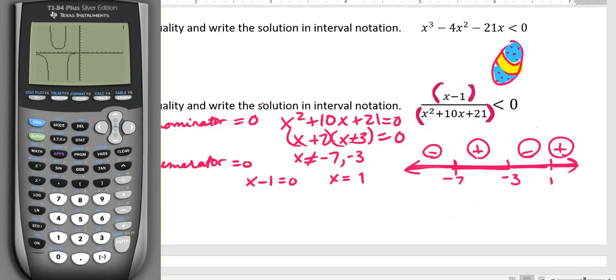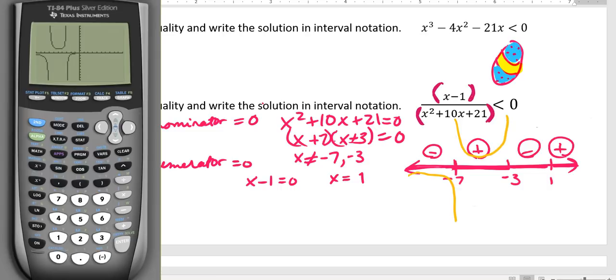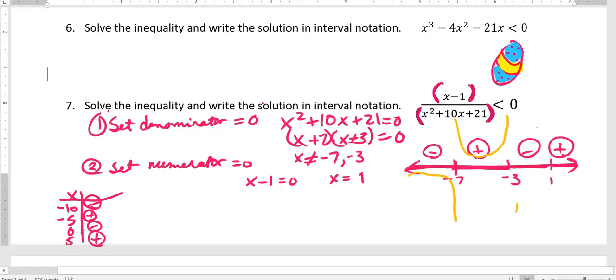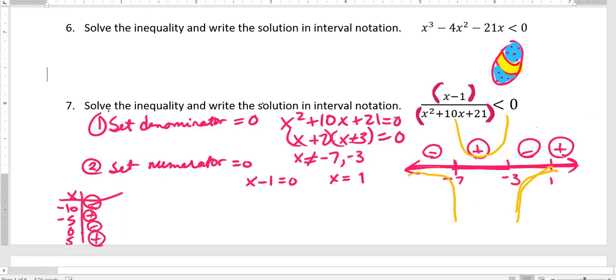So you can see that it's down here, and then it's up here, and then it looks like this. I know it doesn't look like it on the calculator because you can't really see what's happening, but it must go like this, because you can see it goes from negative to positive.